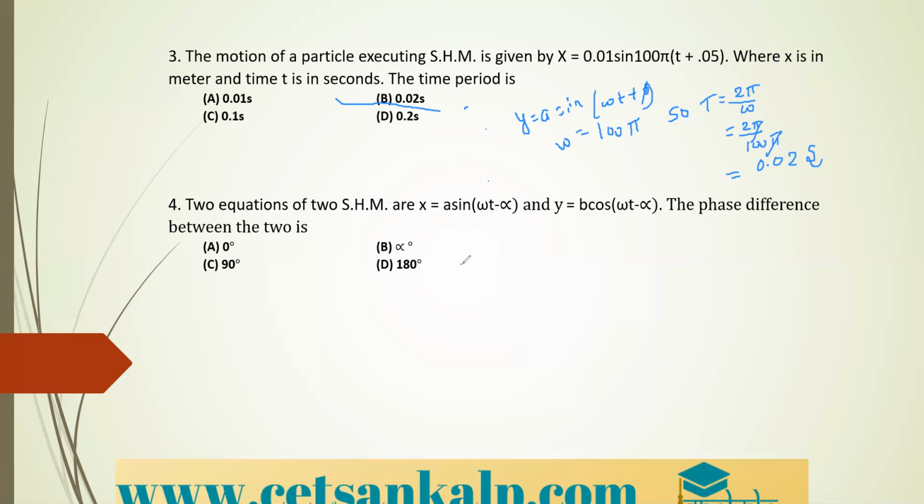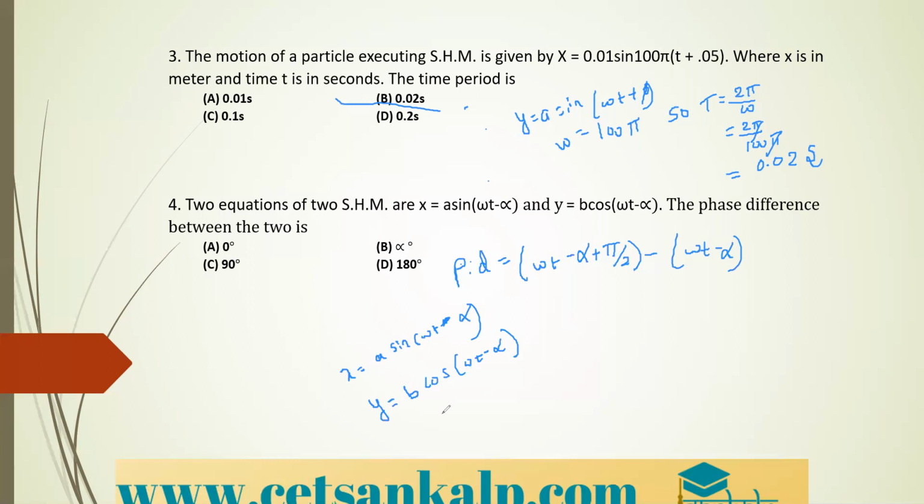The simple solution is, phase difference is equal to omega t minus alpha plus pi by 2 minus omega t minus alpha. So what we did here: one equation is given as x is equal to a sine omega t minus alpha, and the second equation is y is equal to b cos omega t minus alpha.